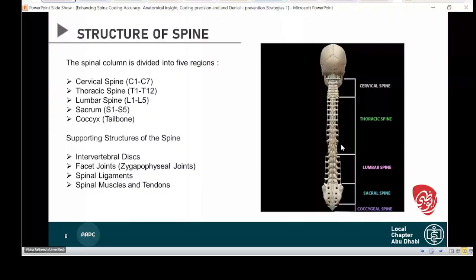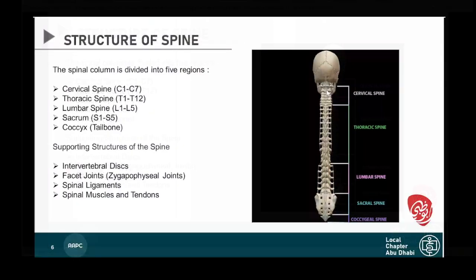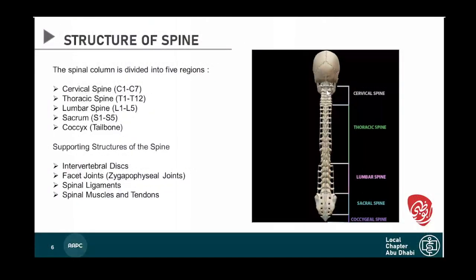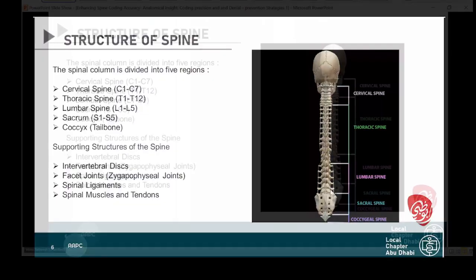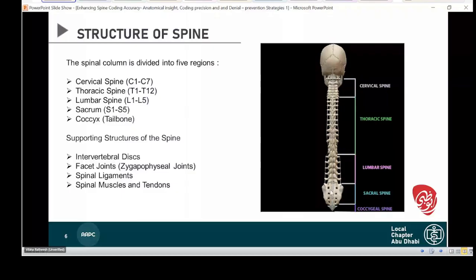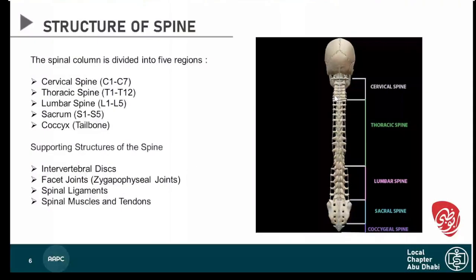The spinal column begins from the lower part of the brain, that means the brainstem, and extends up to the pelvic region. Thus it provides structural stability to the upper part of the human body. Hence this spinal column is known as the central pillar or backbone of the body.